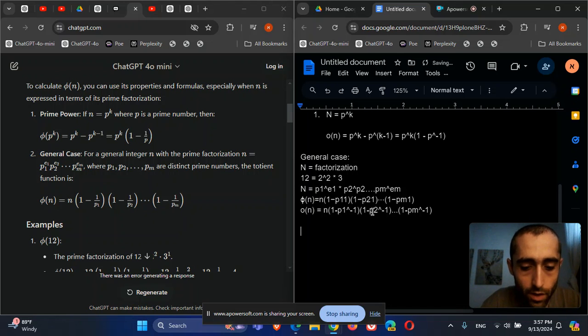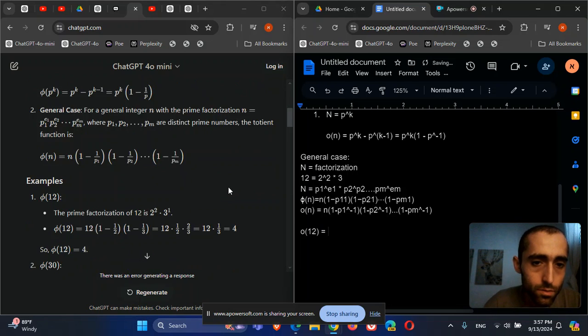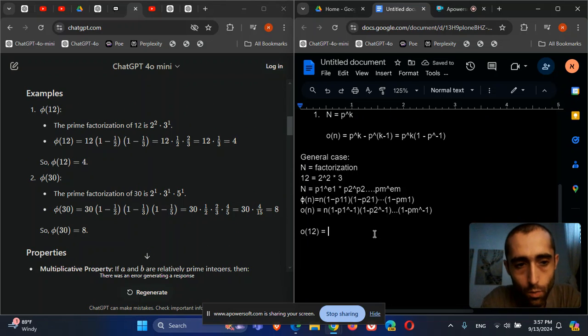Now, if I take the Euler phi function of 12, we can see an example. I can factorize 12 as I said before, 3 to the power of 2, 2 to the power of 2, which is 4 times 3. Now I can do the formula, which is phi of 12 equals 12, my number, times, and I don't really care about the power, but I do just 1 minus a half times 1 minus a third.